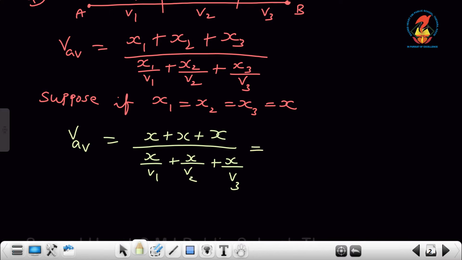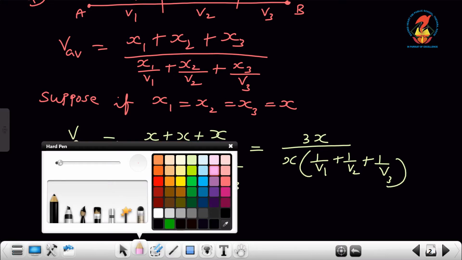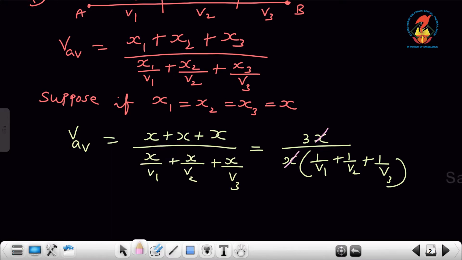x plus x plus x is written as 3x, and from the denominator I will take x outside: 1 by V1 plus 1 by V2 plus 1 by V3, and I can cancel x and x.